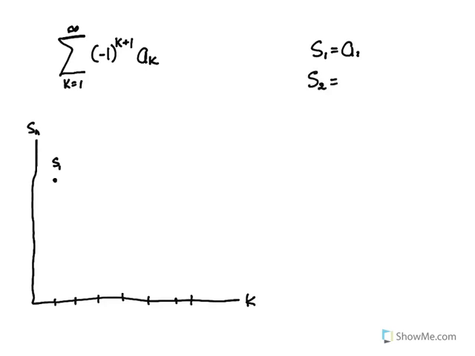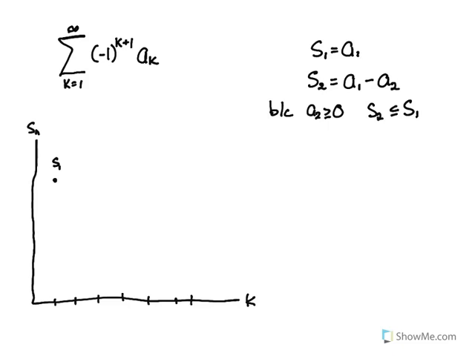Now S2 is equal to a_1 minus a_2. But a_2 is positive, so that means S2 is smaller than a_1. So a_2 is greater than or equal to 0, which implies that S2 is less than or equal to S1.